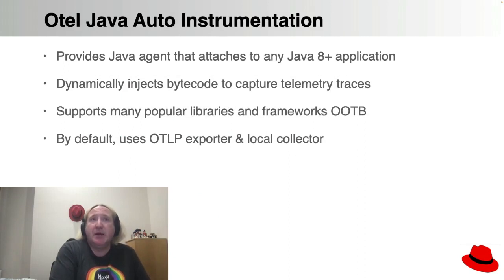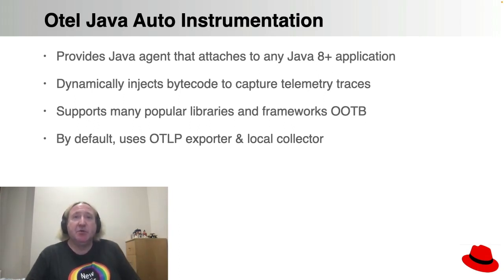It dynamically injects bytecode to capture the traces, and it supports a lot of the popular libraries and frameworks completely out of the box. It uses the OTLP exporter. OTLP is the OpenTelemetry line protocol, the network protocol, which is really Google protocol buffers over gRPC, which is kind of an HTTP2 style of protocol.